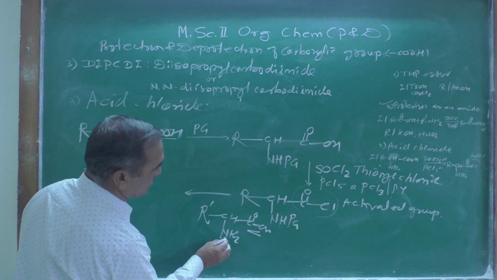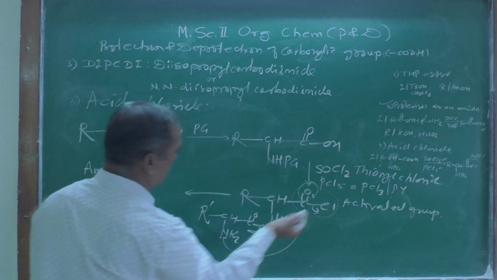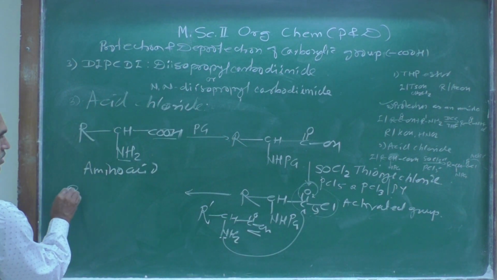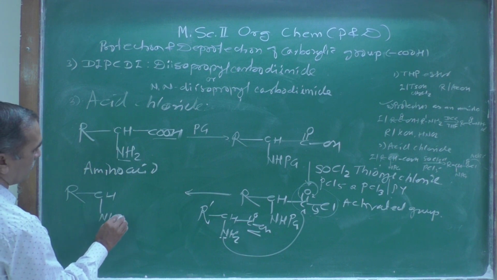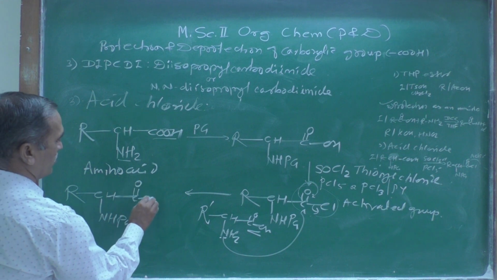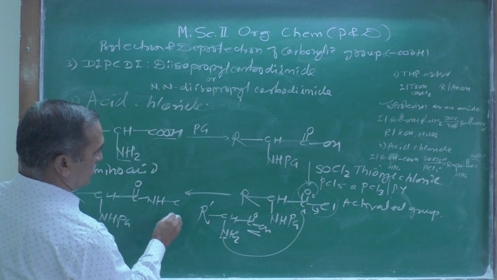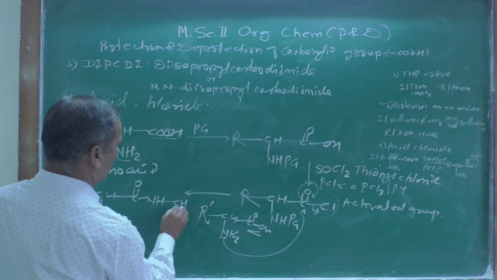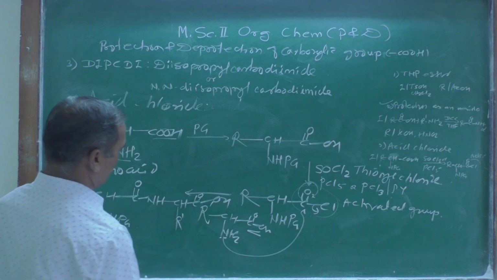It is going to attack this carbonyl group because that is more reactive. What do you get here? R, CH, then NH, PG, then C double bond O, then NH, then CH with R dash, and C double bond O, OH.